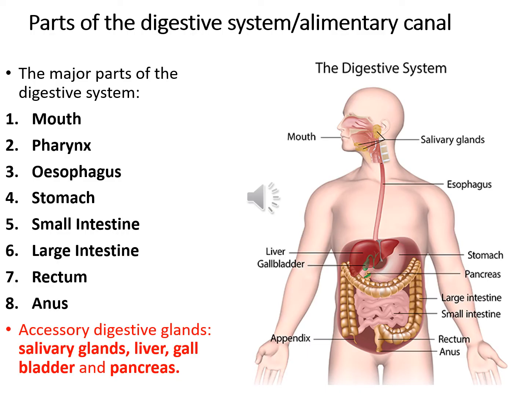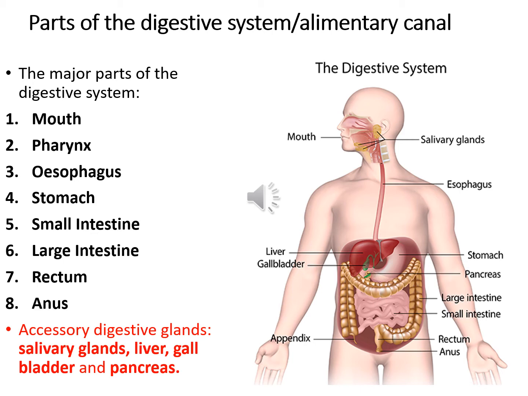The major parts of the human digestive system are mouth, pharynx, esophagus, stomach, small intestine, large intestine, rectum, and anus. It also consists of the accessory digestive glands which help in digestion.